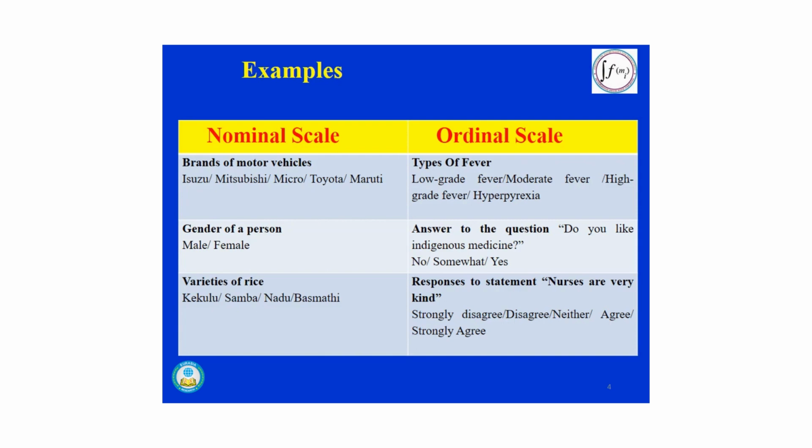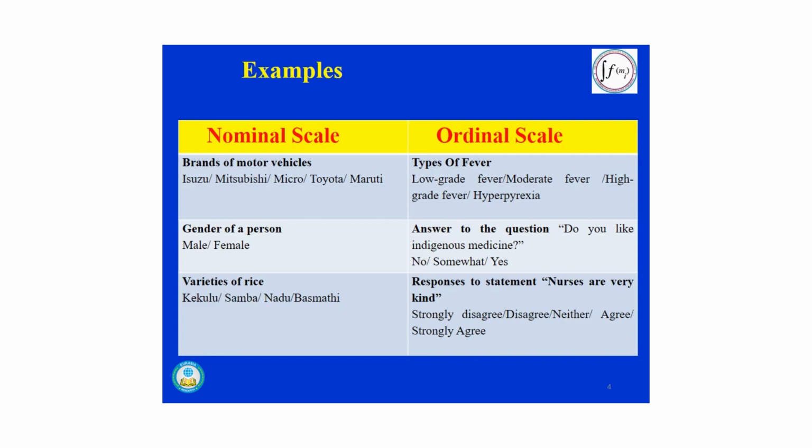But when it comes to ordinal scale, if you say, do you like indigenous medicine? Someone would say no, somewhat, yes. That is comparable. Response to this statement: nurses are very kind. Strongly disagree, disagree, neither, agree, strongly agree. And the first example, types of fever: low grade, moderate. So these things are groups, but comparable.